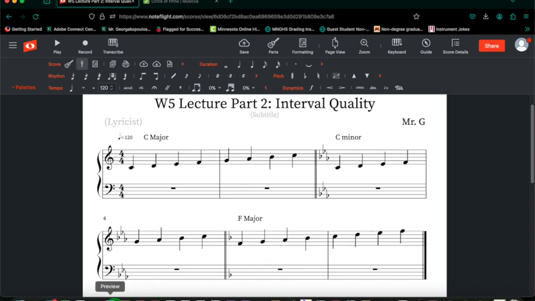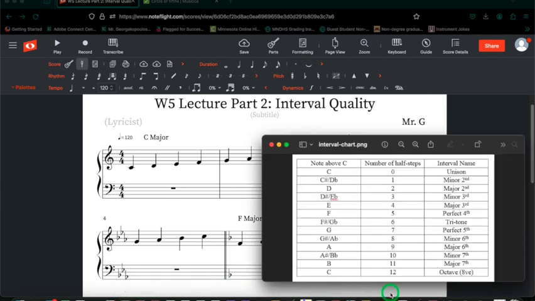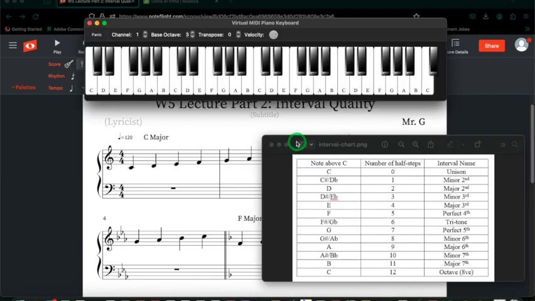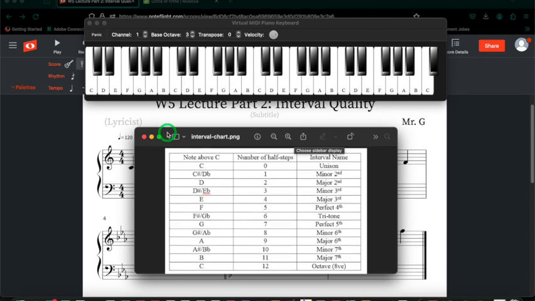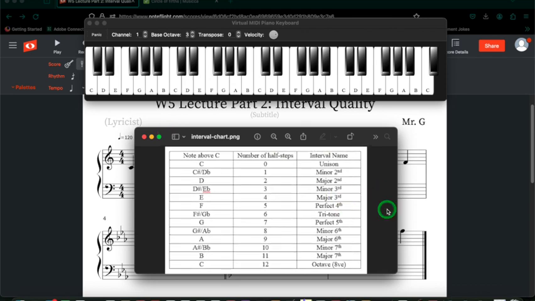Let me pull up this handy dandy guide here, and then I'll put my piano keyboard back. Just to make things a little bit simpler, I'll cover up the notes as well. So how you use this chart. There are 3 distinct columns. This represents notes above and including C. This column says how many half steps away from C each of these notes is.